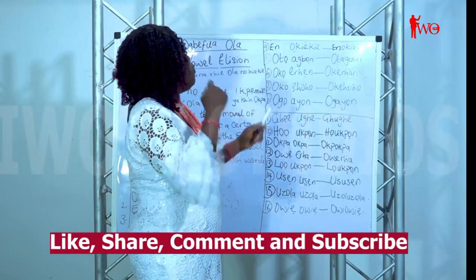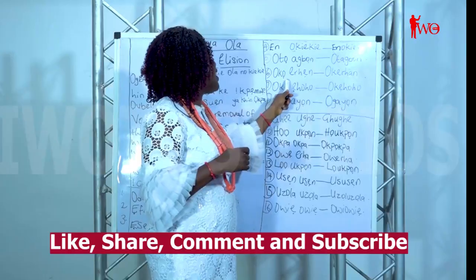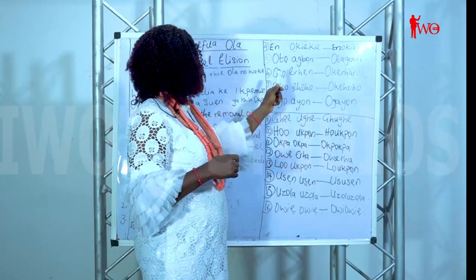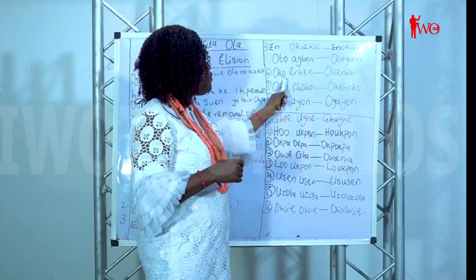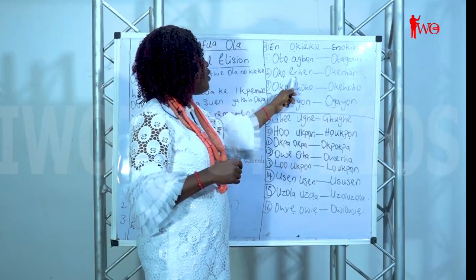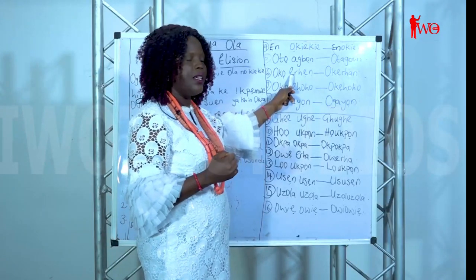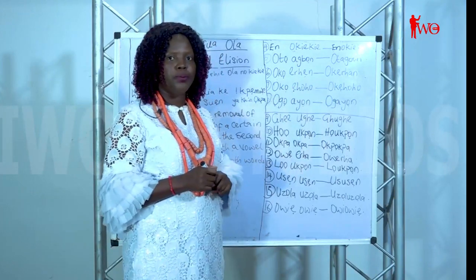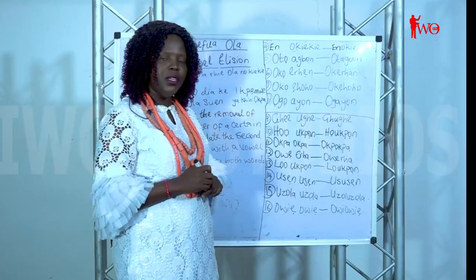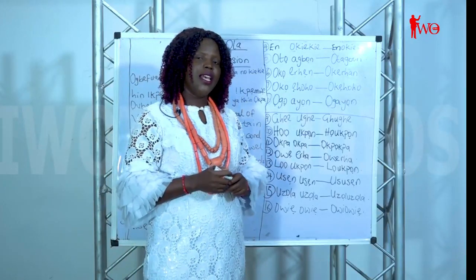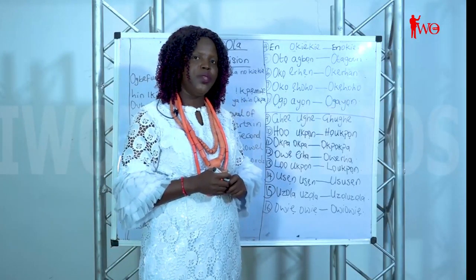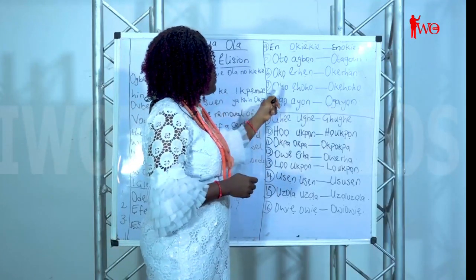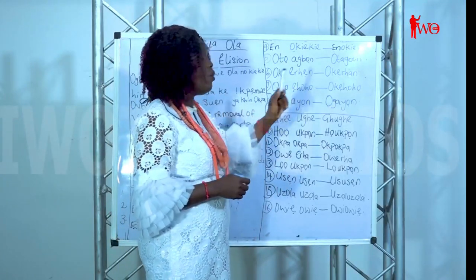For us to have a clear meaning of this oko ere, the O has to leave so that this vowel letter will stay. It becomes okere. Okere means ship, S-H-I-P.